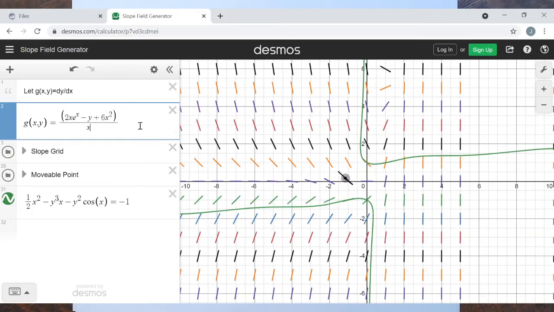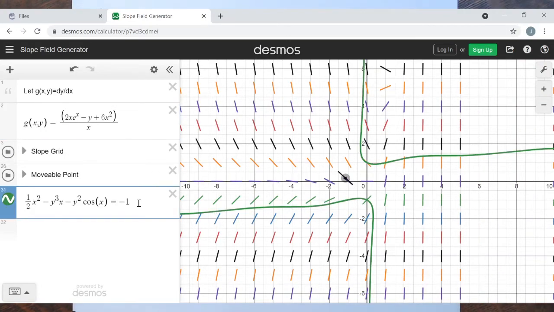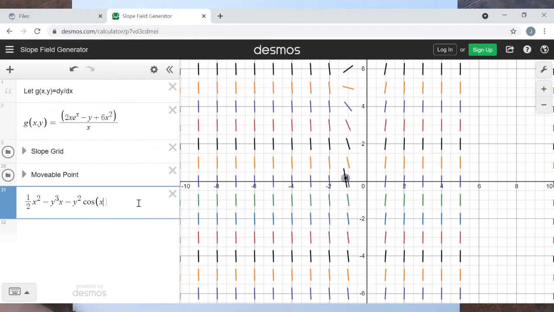Hopefully it'll take a little bit for the slope field to pop up. There we go. A little bit of a slope field there. And yeah, I put in one of the members of our implicit solution family.